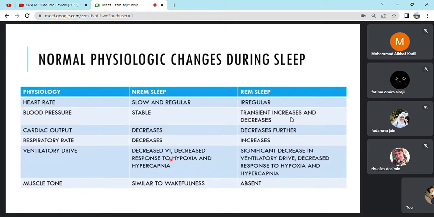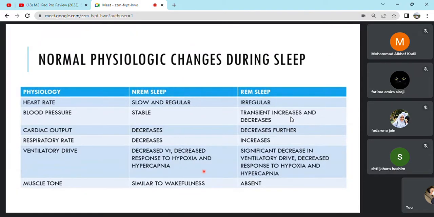And then when you go into your REM sleep, definitely you will also see a significant decrease in your ventilatory drive. So it follows that at this point in time, you will see further decrease in your responses to hypoxia and hypercapnia. Okay? Later on, we will see what happens in a patient suffering from OSA, because normally in an individual not suffering from obstructive sleep apnea, you usually see a decreased ventilatory drive and decreased tidal volume.